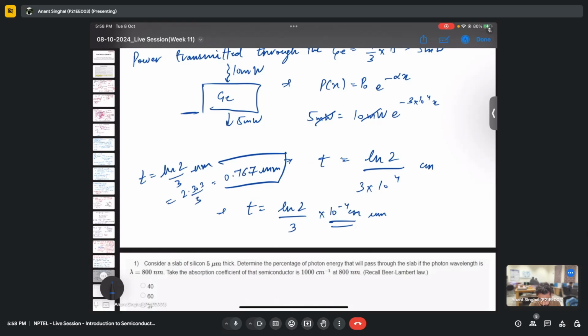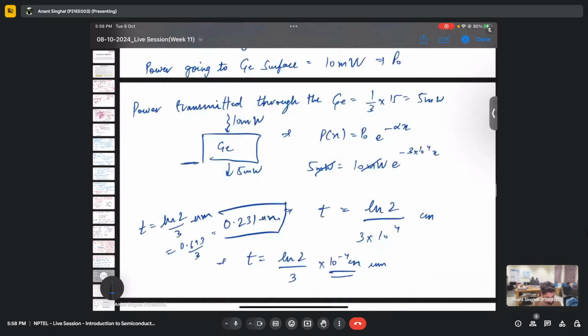I'm confused. Sorry, ln 2 is not 2.303, ln 10 is that. Ln 2 is 0.693 divided by 3. So it is 0.231 micrometer. Is that fine?